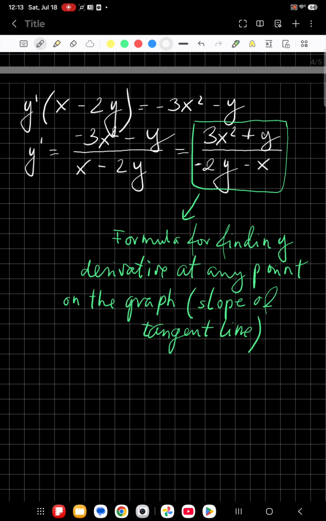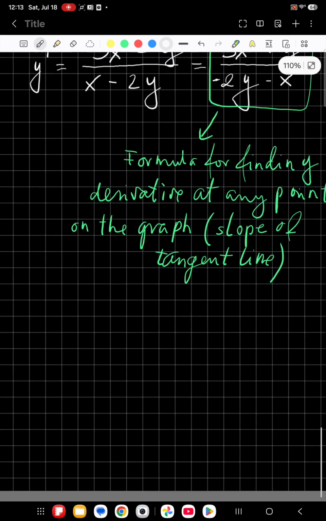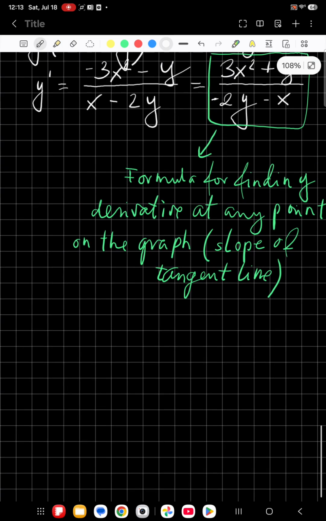Let's move on. Example 6. Something like this: an equation that I need to take a derivative of and then solve for.